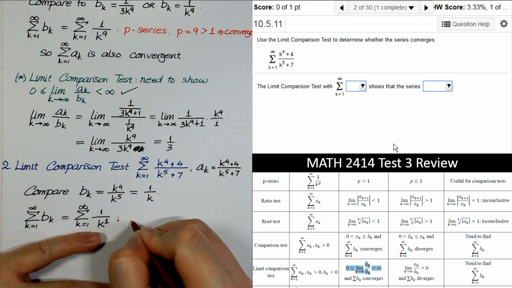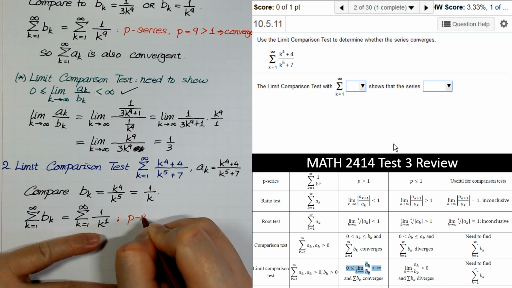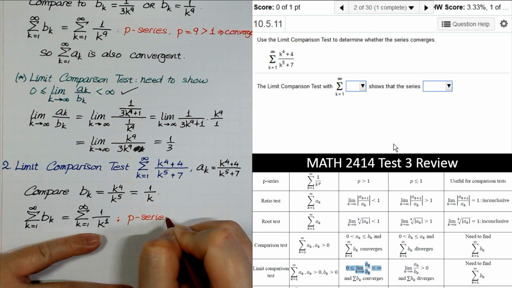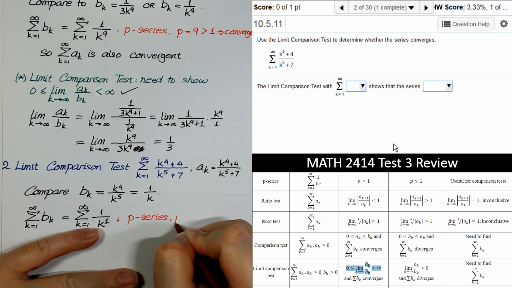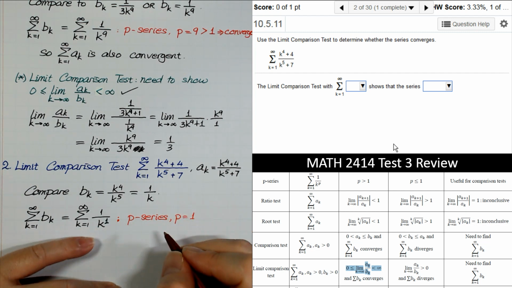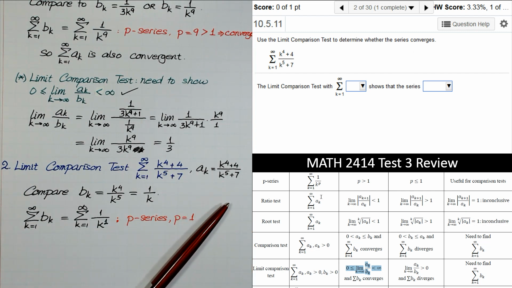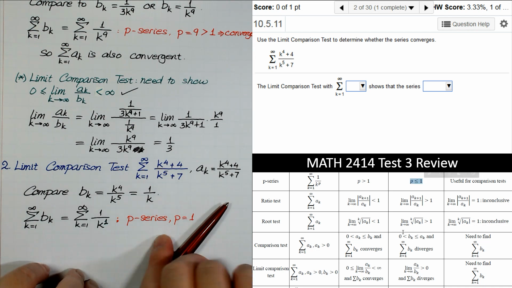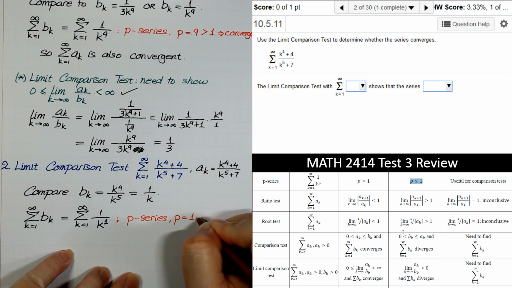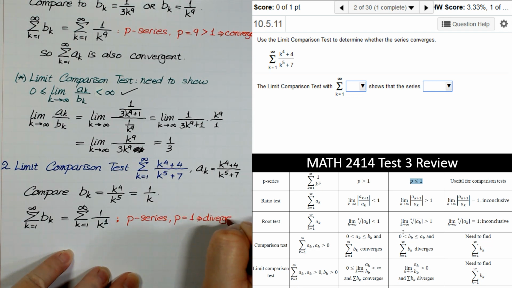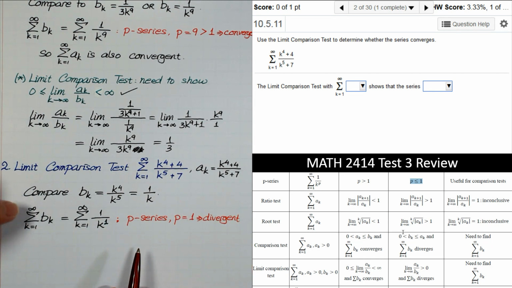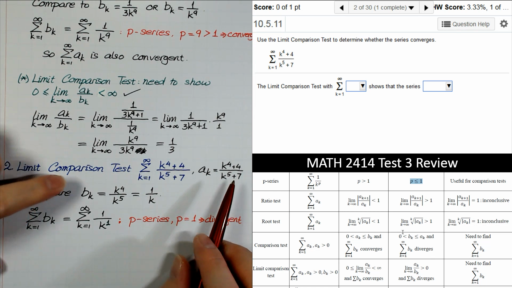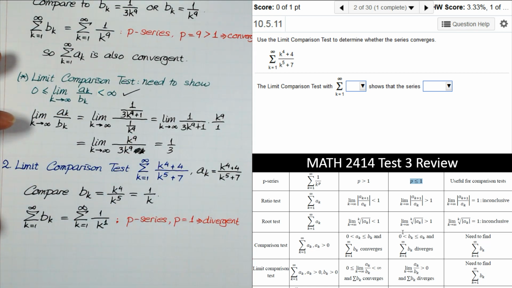And this, once again, is a P series, and P is equal to 1. And of course, we see for the P series, if it is less than or equal to 1, it will be divergent. So this series is divergent. So h of k is also divergent.